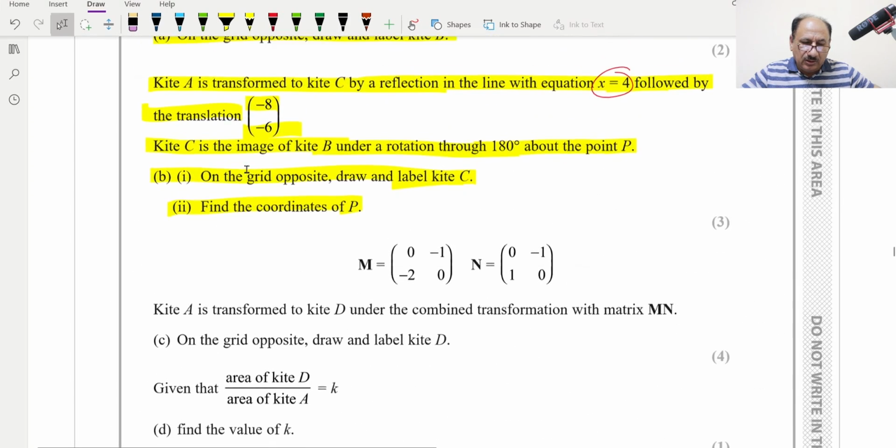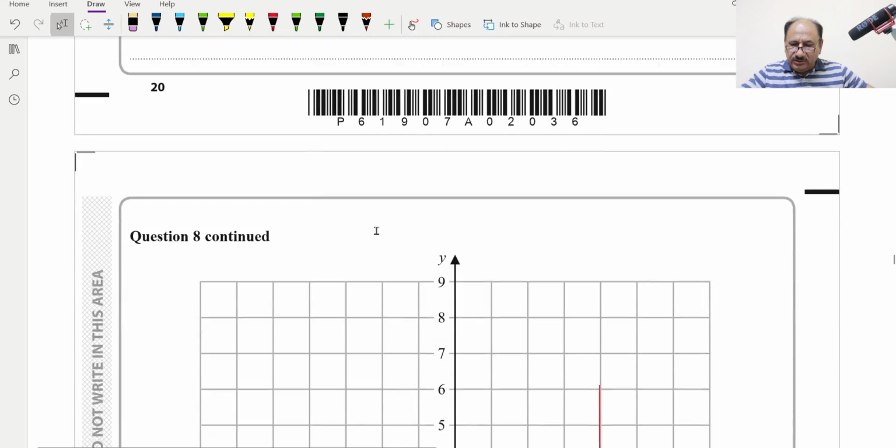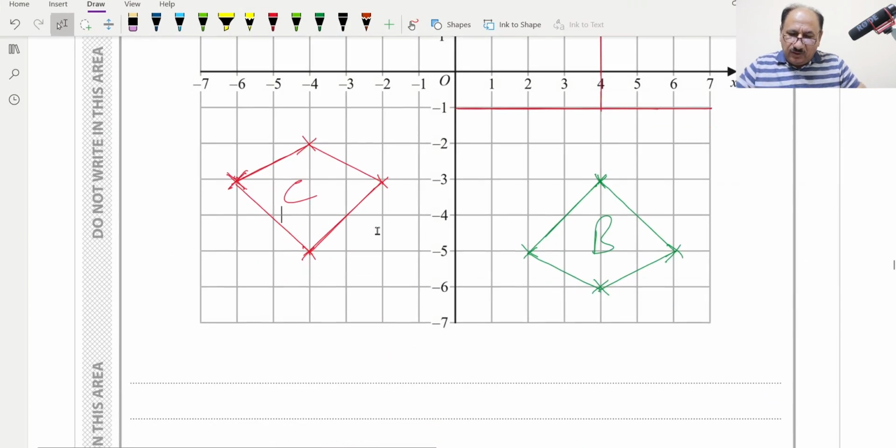Then they are saying on the grid opposite, draw and label C, and find the coordinates of P. Basically they're saying kite C is the image of kite B under a rotation through 180 degrees. So what will the rotation of 180 degrees be? We can draw lines to check the rotation.